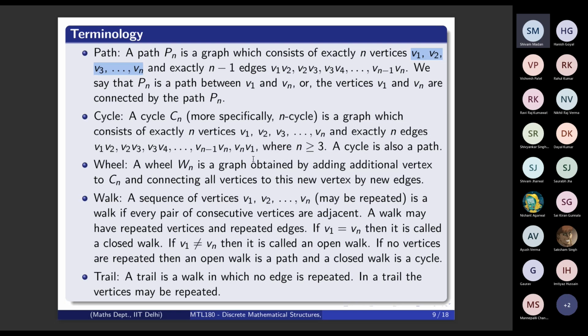So a cycle is also a path, but a path may not be a cycle, because a cycle is just a path with the endpoints the same.